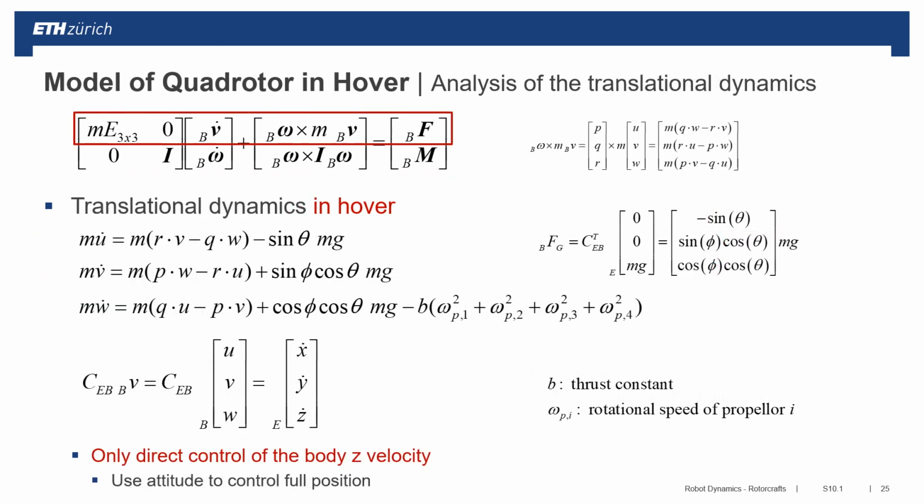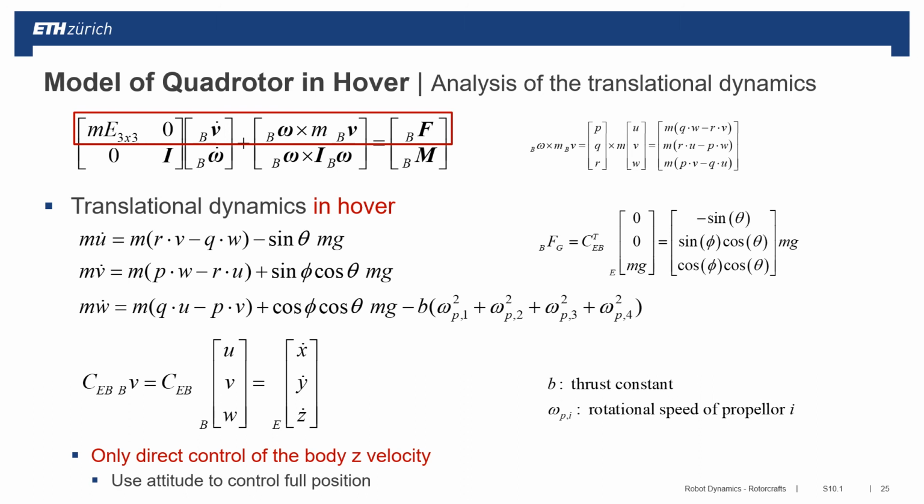In a similar way, we can analyze the translational dynamics. We can see that all the translations in x, y, and z direction depend on one side on the cross product between the rotational velocity in the body frame and the velocity in the body frame, plus a part of the projection of the gravity vector in this direction.